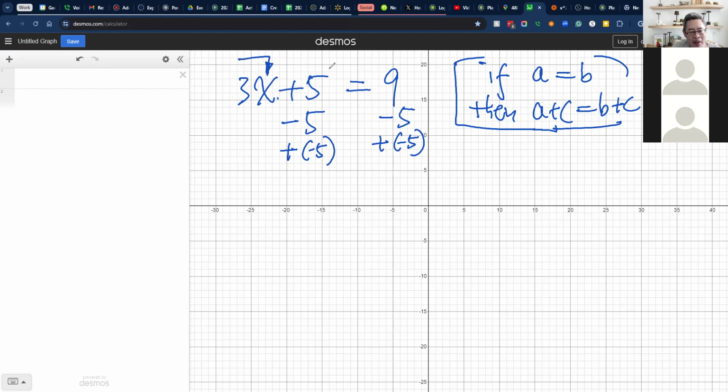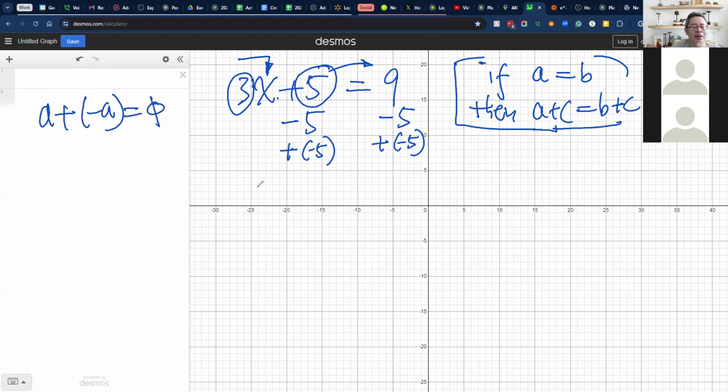But the reason we do that is we want to isolate the variable x. So to do that, we have to move 5 over to the other side. The way to move 5 to the other side is by minus itself. So therefore 5 minus 5 is 0. We have this rule there: a plus negative a equal to 0.